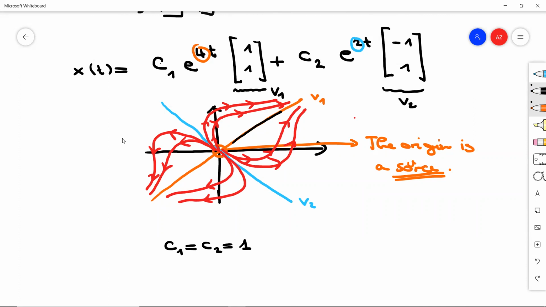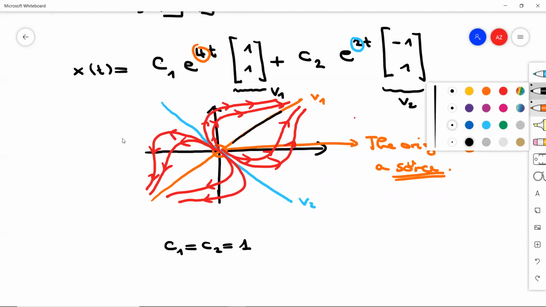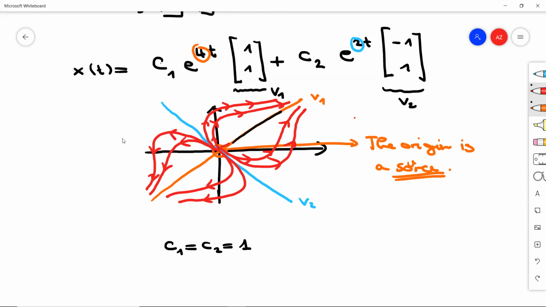And this can be explained because it seems that we were very close to this orange line. So we were not in fact trying to plot this red curve, which is quite far from the line V1, but we were in fact on one of those solutions which immediately become a line V1. So we were very close to V1.